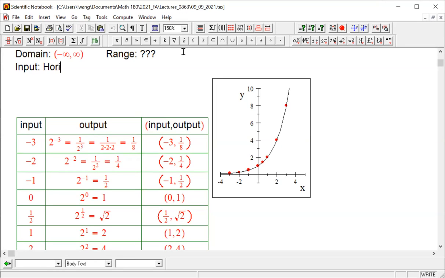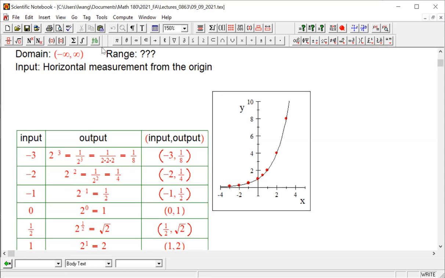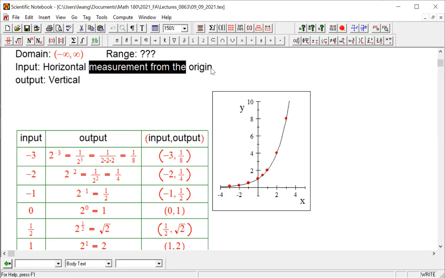is the horizontal measurement from the origin. Okay, and the output is the vertical measurement from the same place.